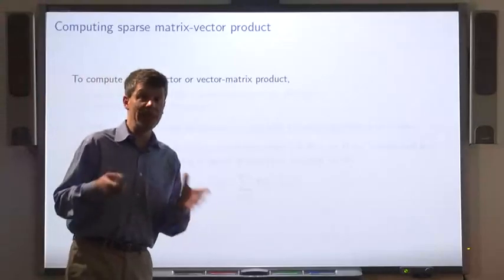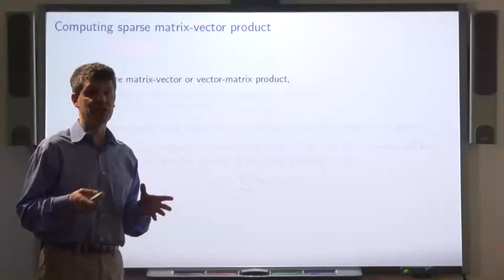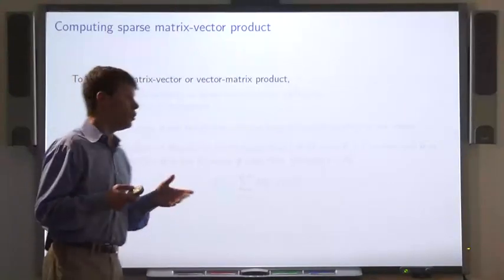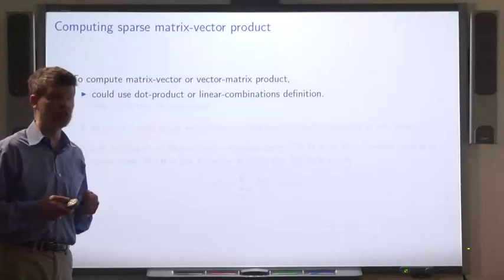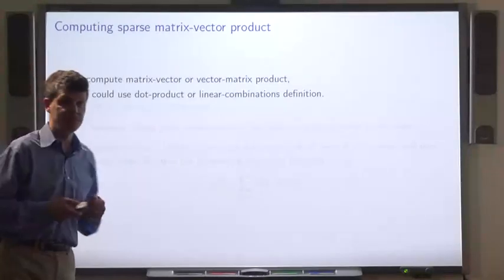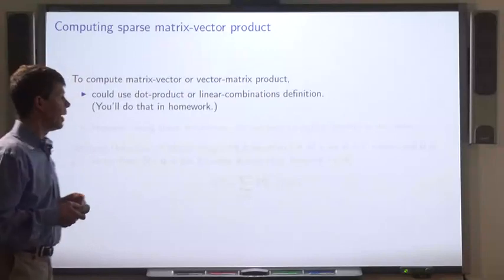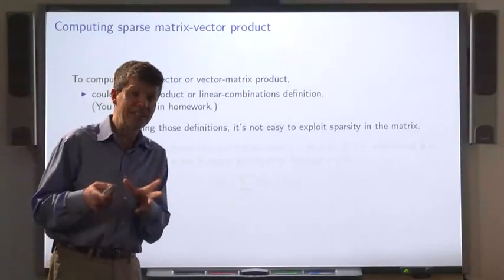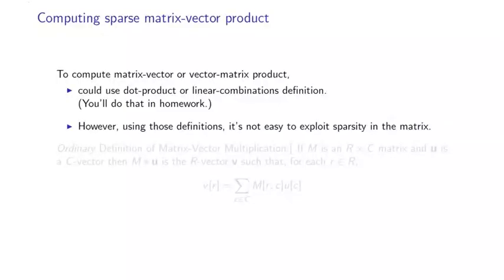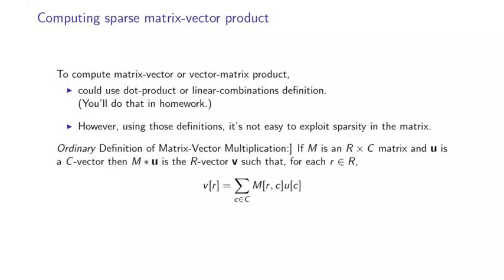You'll be writing code to do matrix-vector multiplication and vector-matrix multiplication. Now you could use either of the definitions I've given, the dot product definition or the linear combinations definition. And you'll do that in homework. But using those definitions, it's not easy to exploit sparsity in the matrix. So we'll look at another definition, one I call the ordinary definition of matrix-vector multiplication.